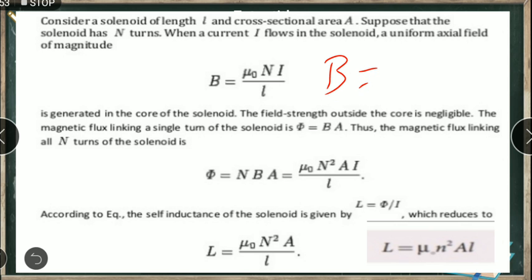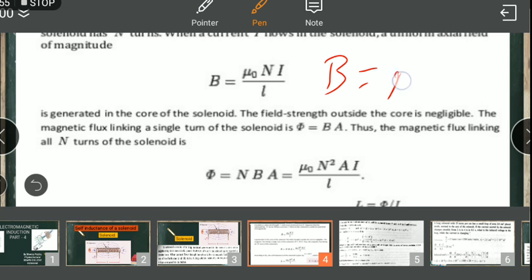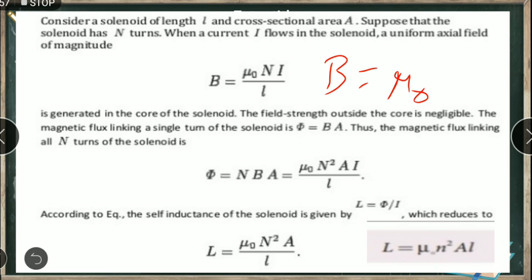B is equal to mu naught n I. Mu naught is the permeability. Here the magnetic field is directly proportional to the current. In order to equate, the constant term arises, that is permeability.